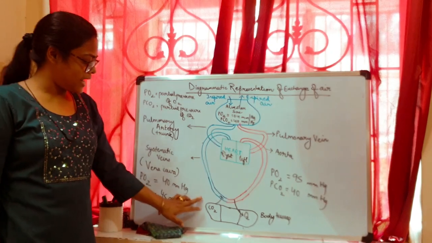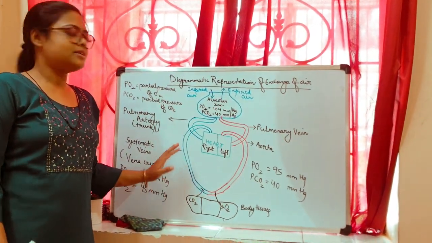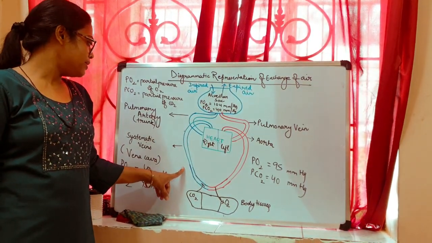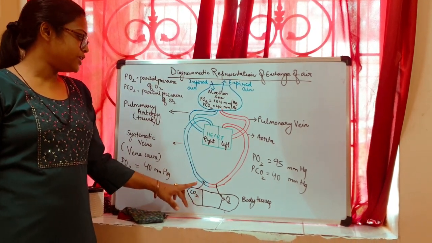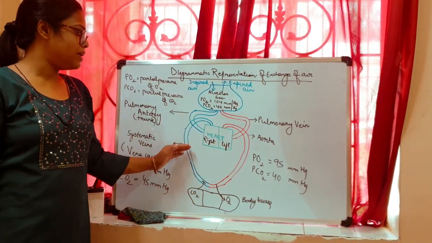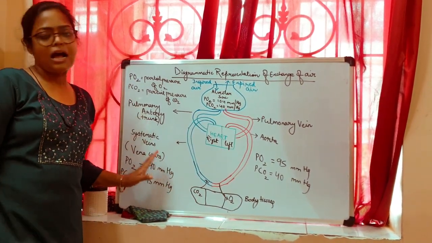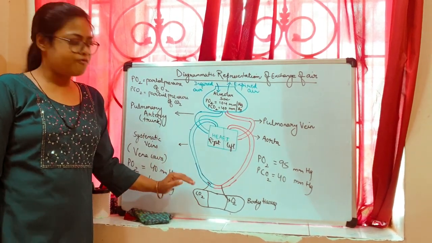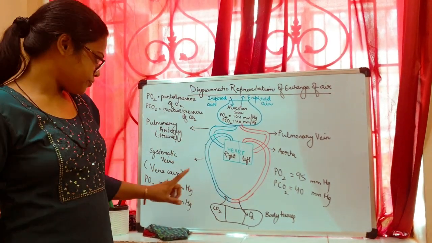Now come to this diagram. When the deoxygenated blood, that is blood which contains carbon dioxide, diffuses into the blood vessels, the vena cava or the systemic veins carry the deoxygenated blood from the cells to the right part of the heart.